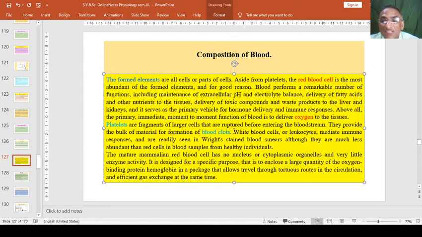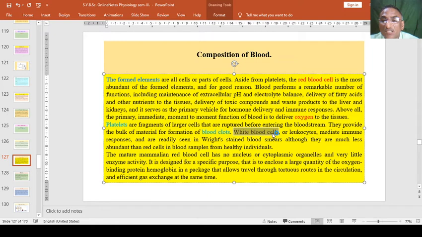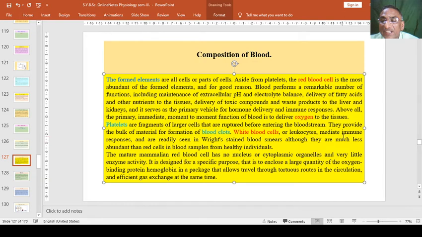White blood cells, or WBC, generally called leukocytes, mediate immune responses and are readily seen in stained blood smears, although they are much less abundant than the red blood cells, because red blood cells are tremendously abundant in blood samples, and WBC are very rare in healthy individuals.